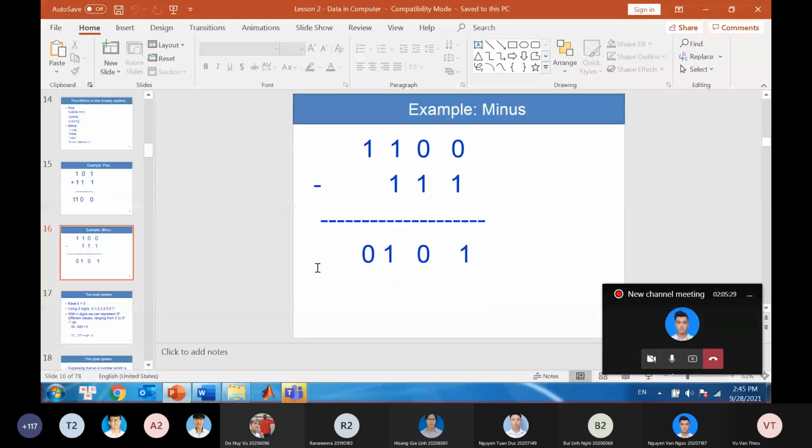Next, we study how to minus in a binary system.